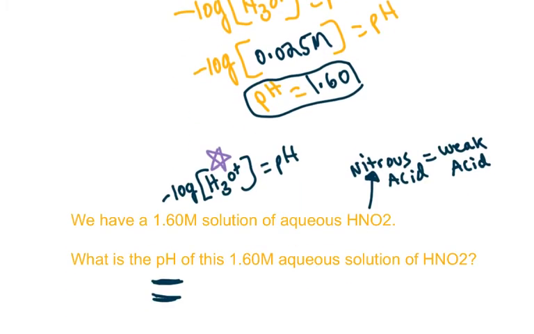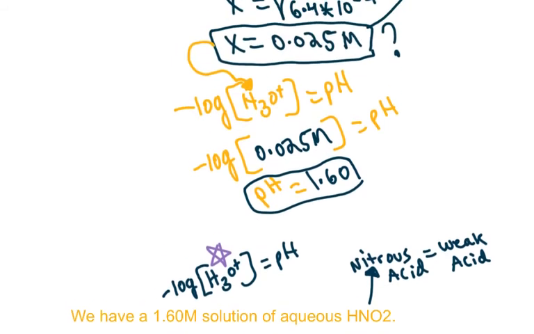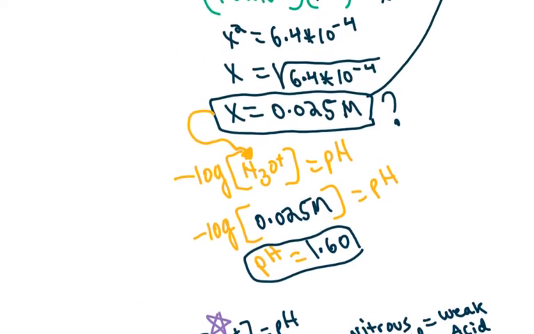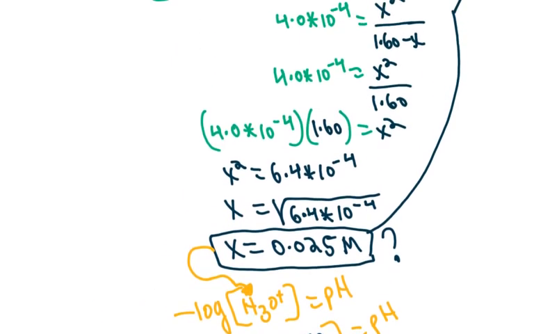If we go ahead and answer the question, what is the pH of our 1.6 molar aqueous solution of nitrous acid, which is a weak acid, the pH is going to be 1.6. And that's it. We've answered the question through a step-by-step process using an ICE table.